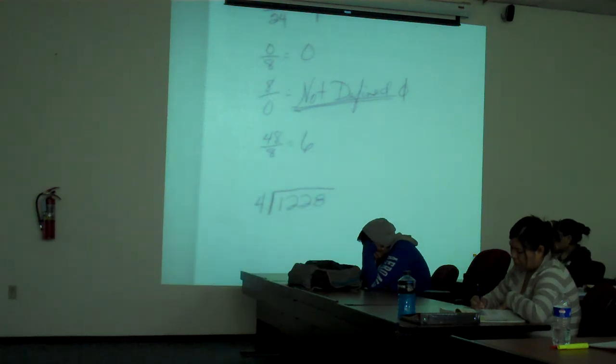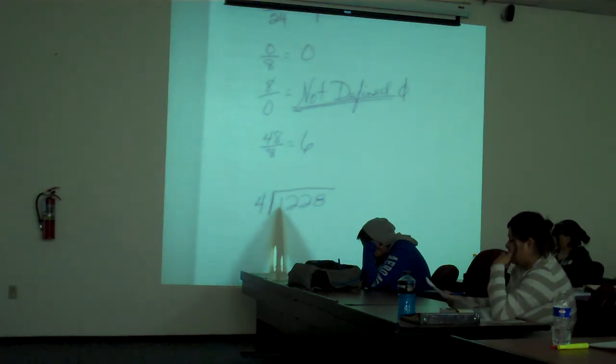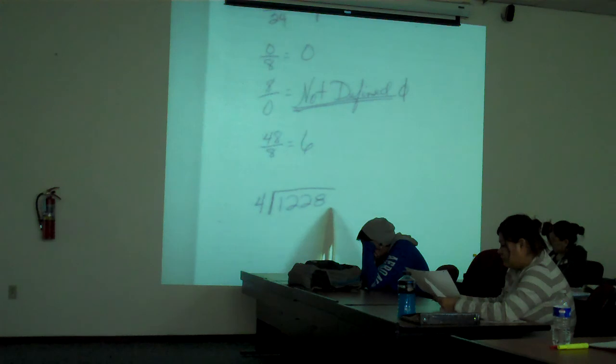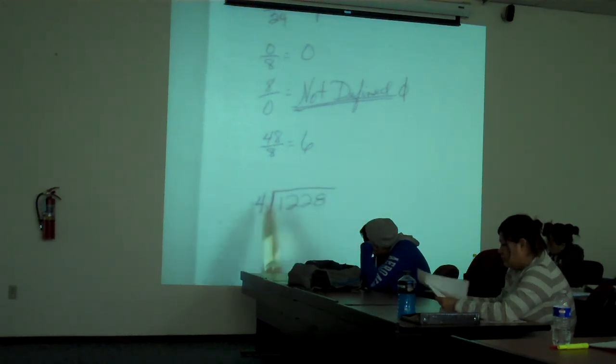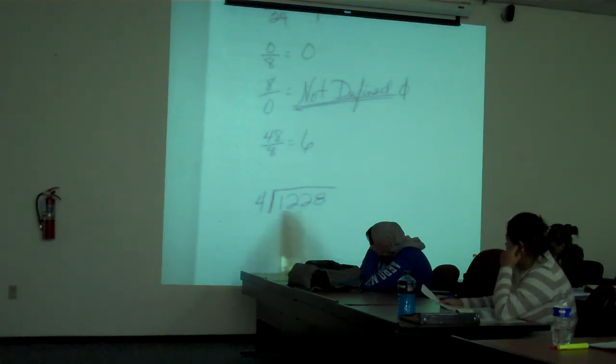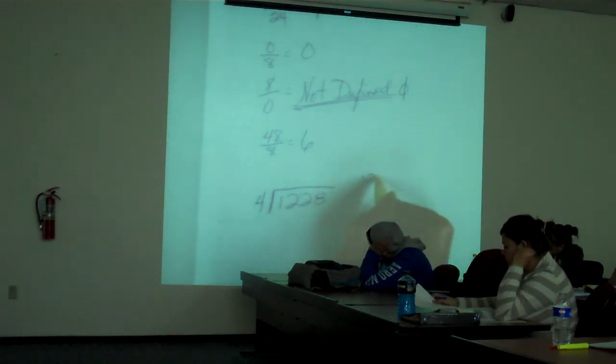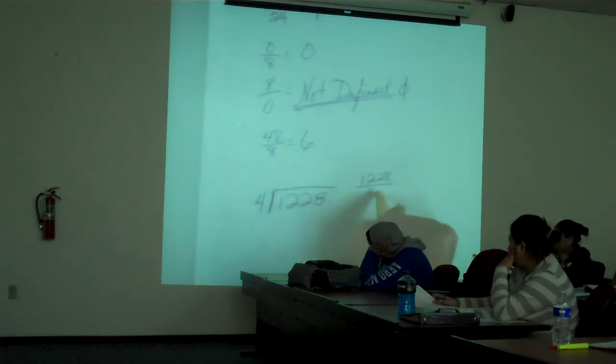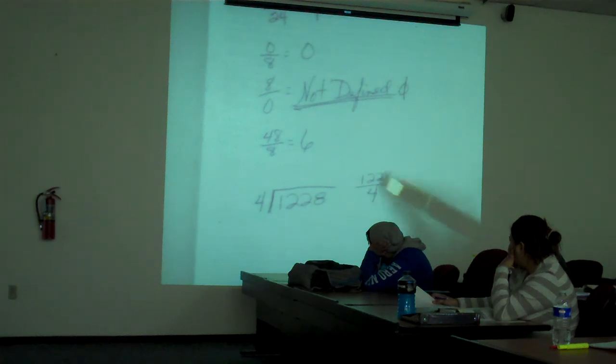The way you would say this is 1,228 divided by 4. You say this part first. This is also the same as 1228 over 4. If you see one like this, the way to put it in the division sign is you put the top under the division sign.